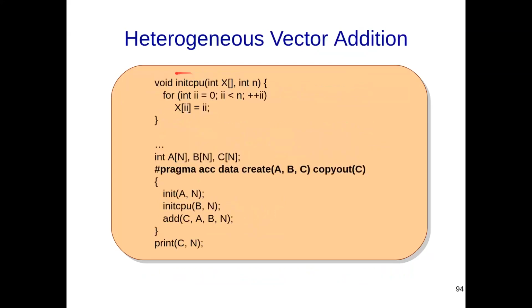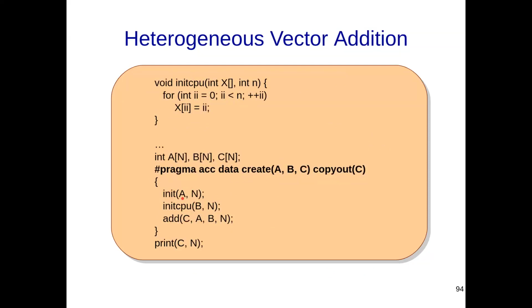Yeah, so we'll just do that. So we have this initialization on the CPU, to which I pass, let's say in this case, B, and initialization on the GPU uses the earlier function, and then I can add those together. One thing which I have done here is that I have created A, B, C all on the GPU memory, right?